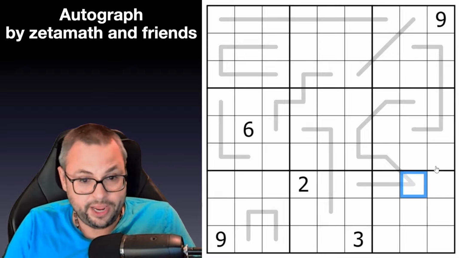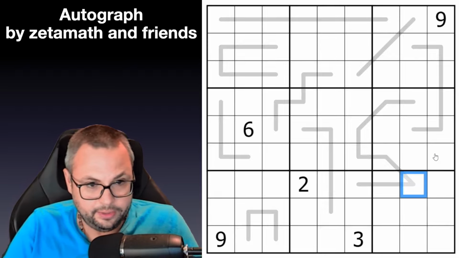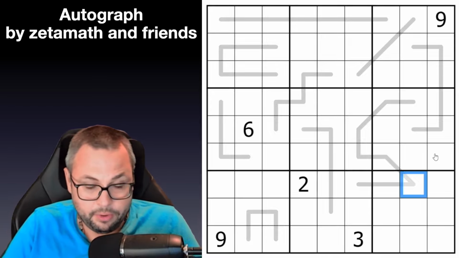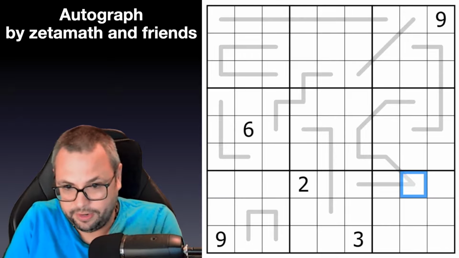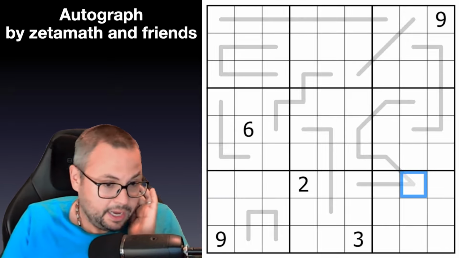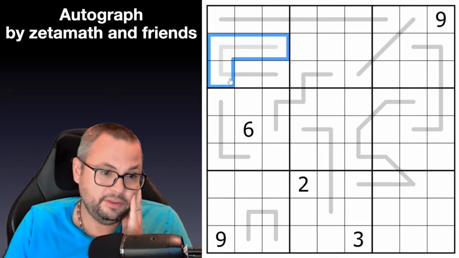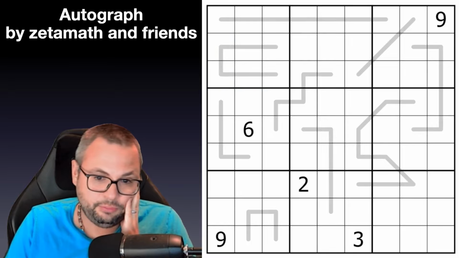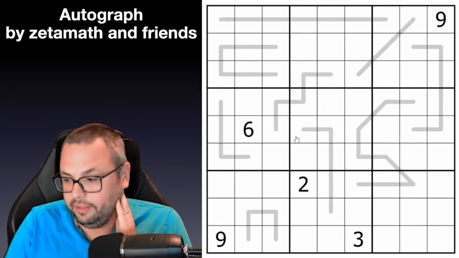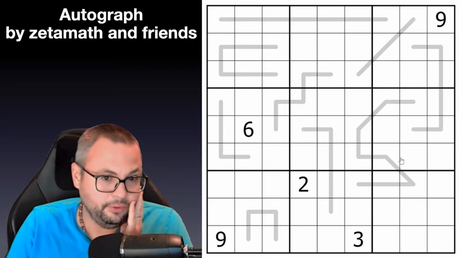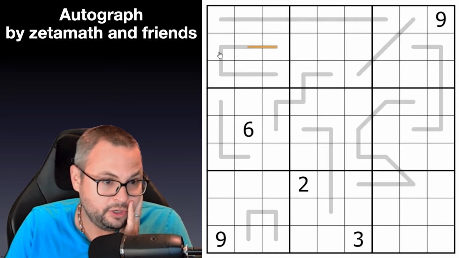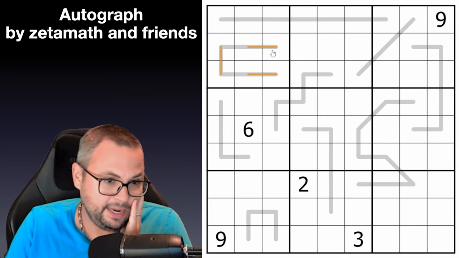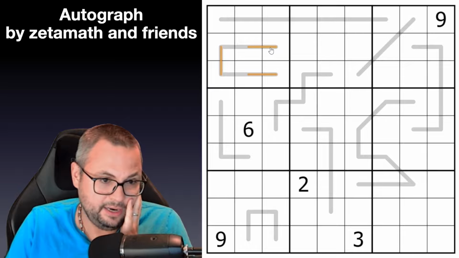All right, so these are 10 lines, which are, I admit, my own invention, but they're my favorite of the constraints that I have invented. And what a 10 line is, it's one of these gray lines, and what we're tasked with doing is splitting each of these lines into groups of cells that sum to 10. So, for example, it could be that I make each of these a domino summing to 10.